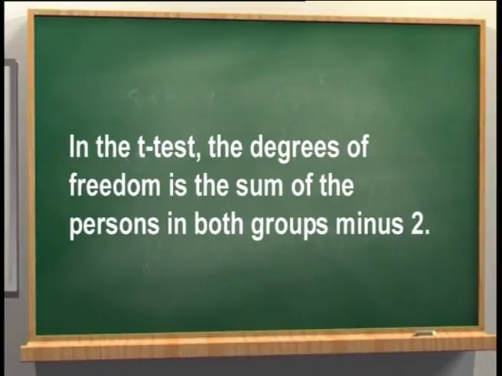You also need to determine the degrees of freedom for the test. In the t-test, the degrees of freedom is the sum of the persons in both groups minus 2. Given the alpha level, the degrees of freedom and the t value, you can look the t value up in a standard table of significance.